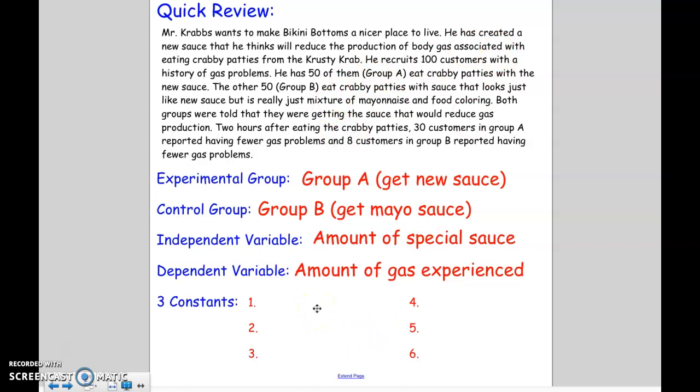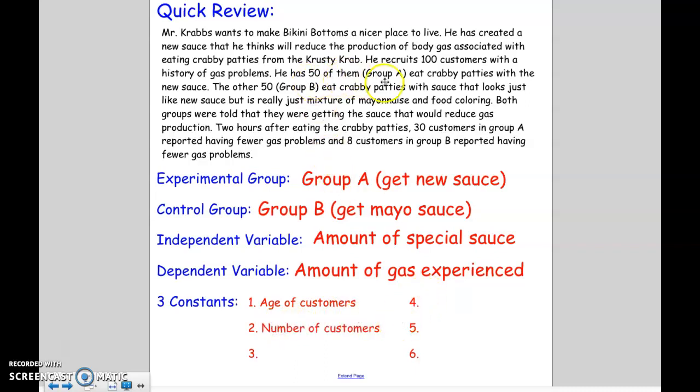Some constants that we would experience here that we'd want to keep the same. I said 3, but I gave you more than 3. So some constants would be like the age of the customers. You want them all to be around the same age group so that you don't have older people who maybe have experienced gas more than the younger Bikini Bottom residents. Number of customers.